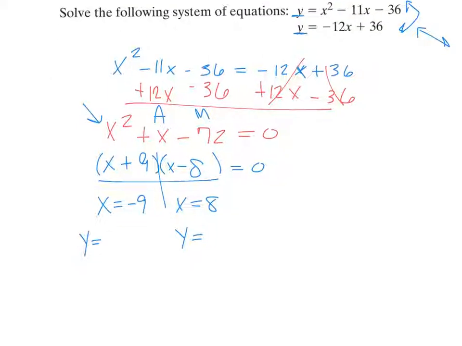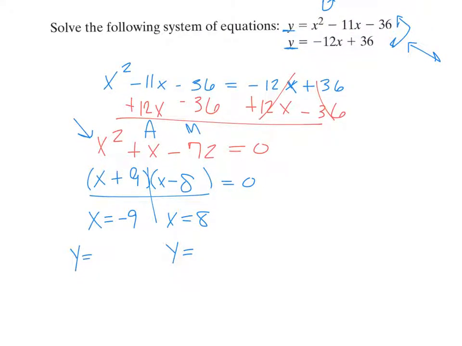So I'm going to plug in negative 9 into the linear, so it'll be negative 12 times negative 9 plus 36. That'll give me a y value of 144. So my first coordinate point where the two graphs intersect will be negative 9, 144.